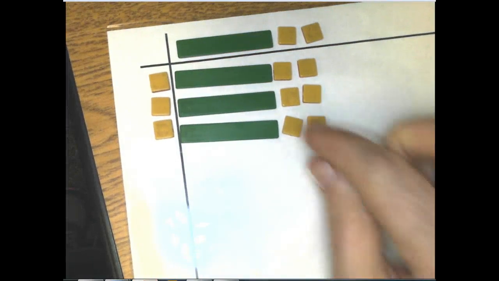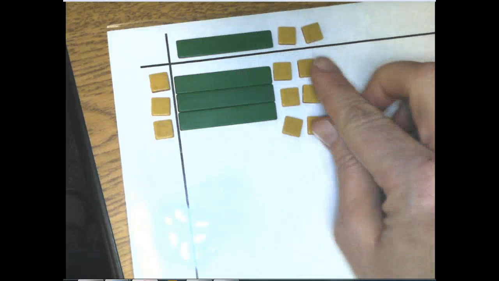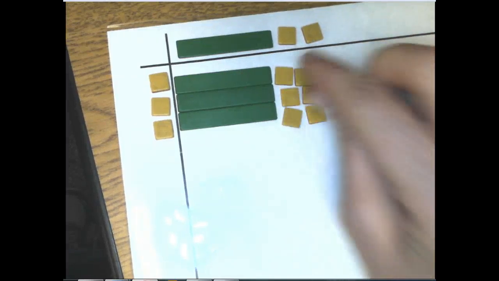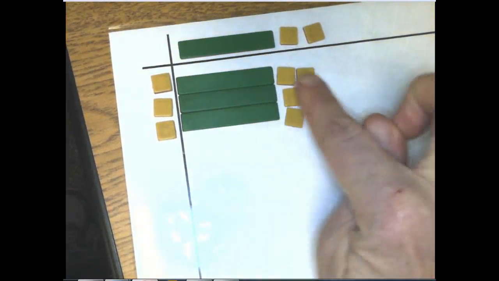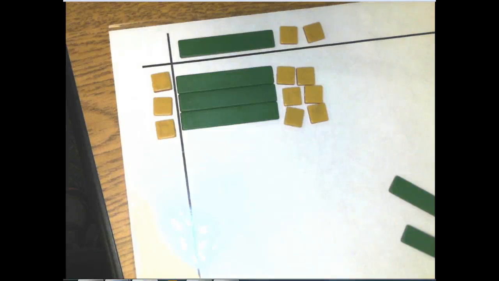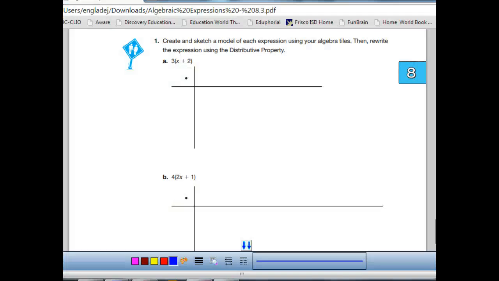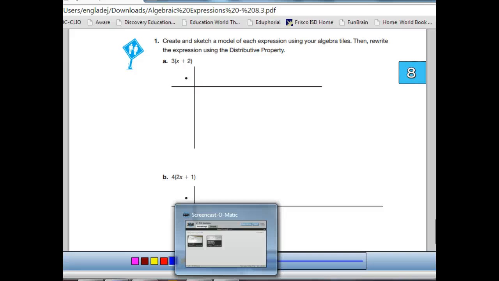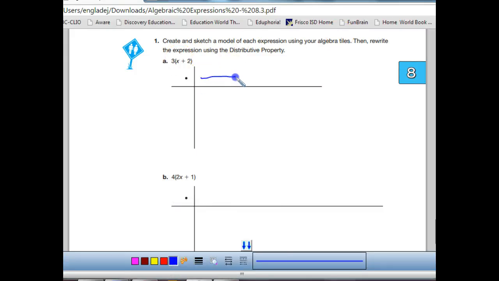What are my terms that I can combine together? So it looks like I can combine my 3 x's and I can combine my 6 constants together to get 3x plus 6, right? All right, what's that going to look like as a sketch? Let's take a look. So I want 3 groups of x plus 2. Remember, my x plus 2 can look like this, and my 3 groups can look like this.